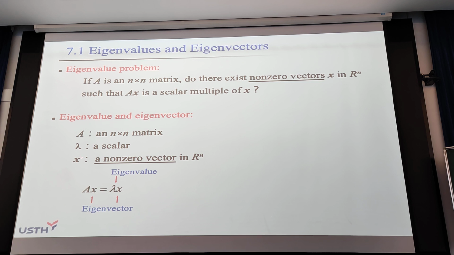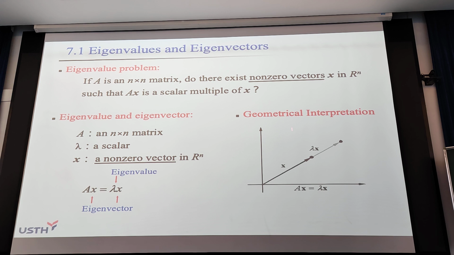If we can find lambda and x like that, the number lambda becomes an eigenvalue, and the non-zero vector x becomes the eigenvector corresponding to the eigenvalue lambda.